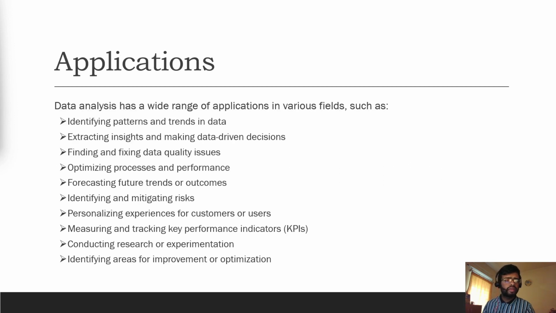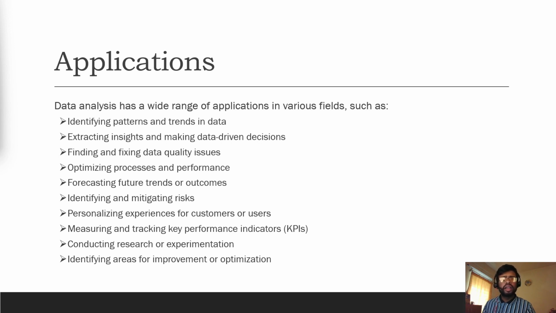Coming to the applications of data analysis, data analysis can be used nearly in every field possible where data is available. So data analysis can be used in identifying patterns and trends in data, such as in stock markets or even business accountancy as well. And it can be used for finding and fixing data quality issues. So certain times there might be an accounting issue or whatever it is, and data analysis can help fixing those as well.